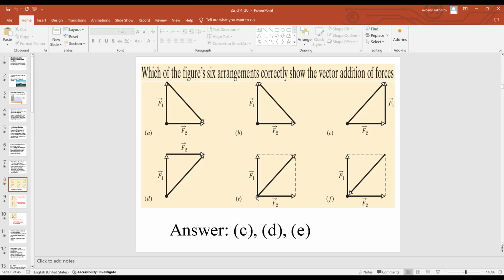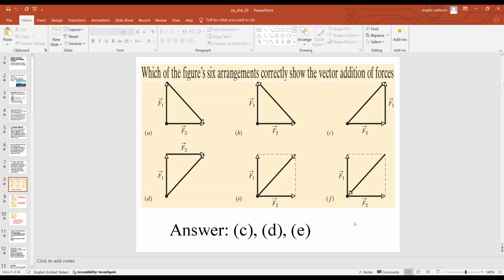Everything starts from the same point. You can see that you have the origin, your x component, your y component, and that's your total vector sum. And option F is not good because the diagonal is correct, but the direction is opposite to the correct one. So F is not good because it's in the opposite direction.